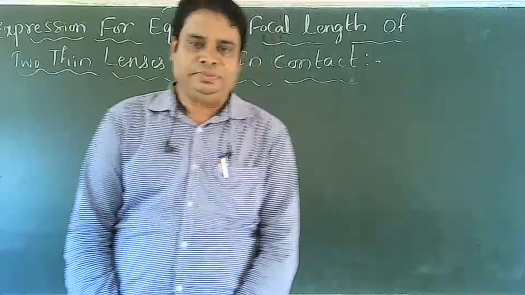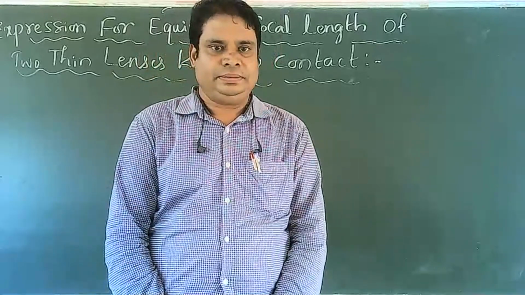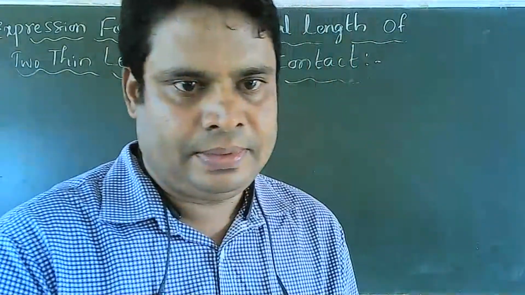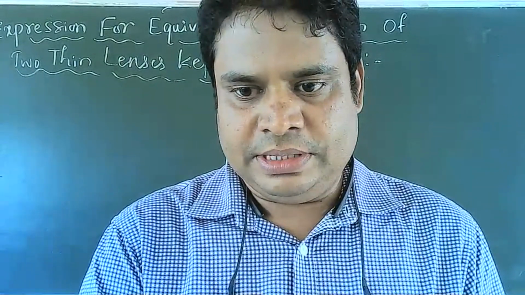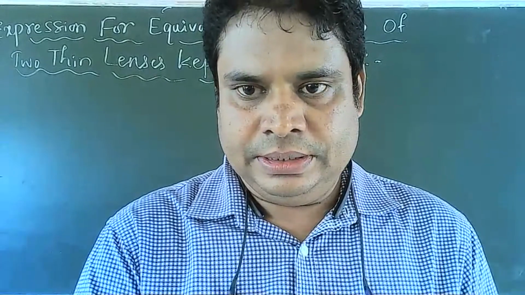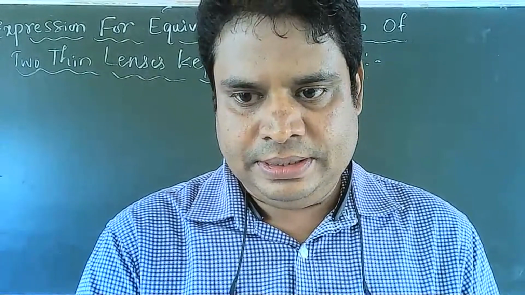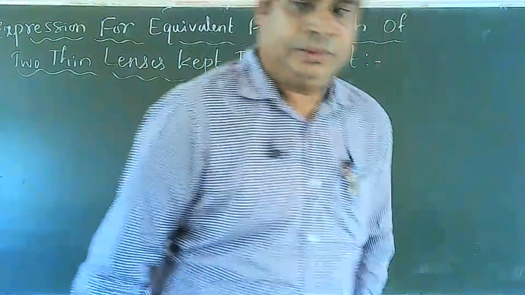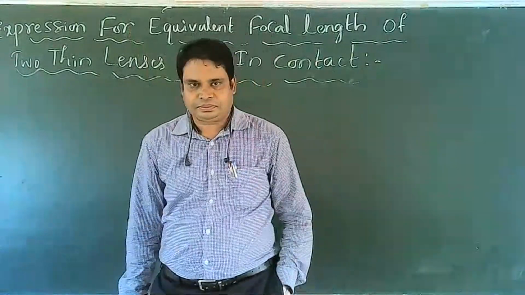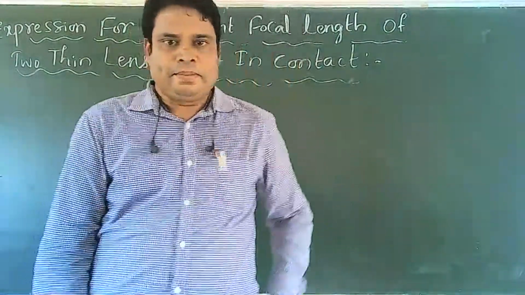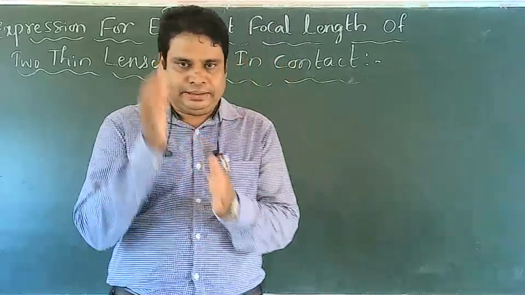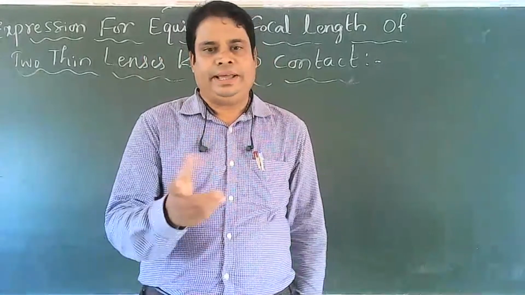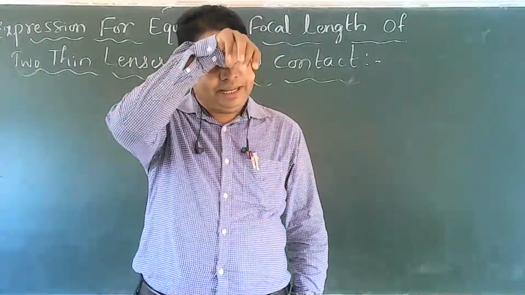Now we know a thin lens is one whose thickness is very small as compared to its radii of curvature.